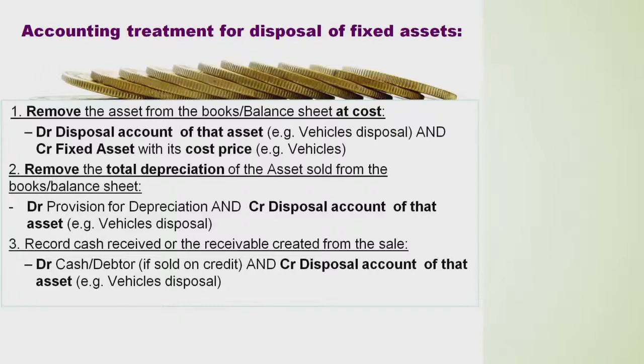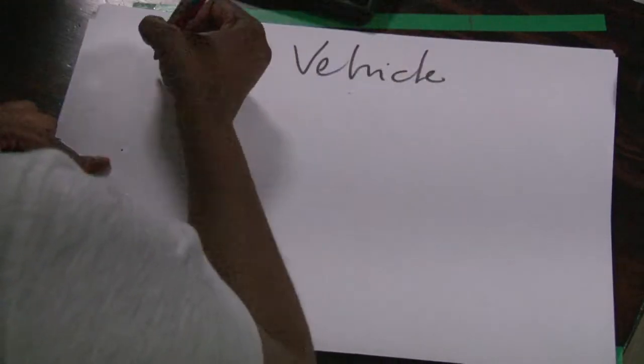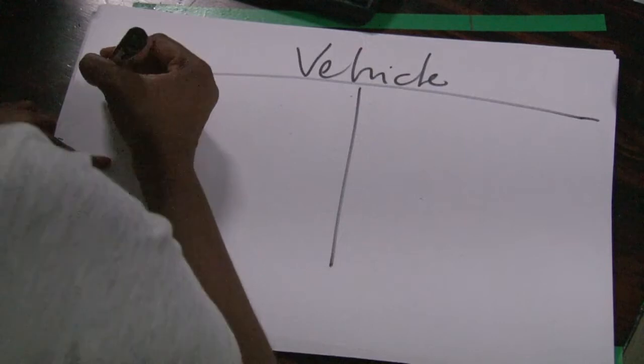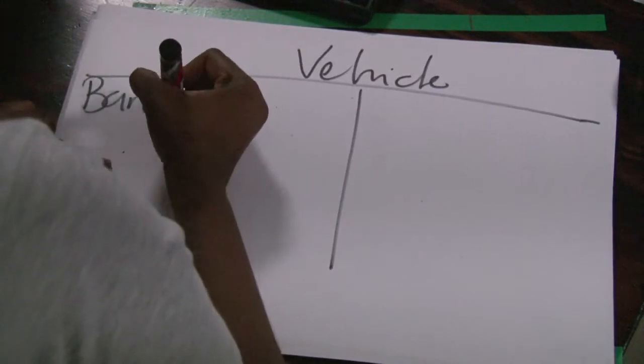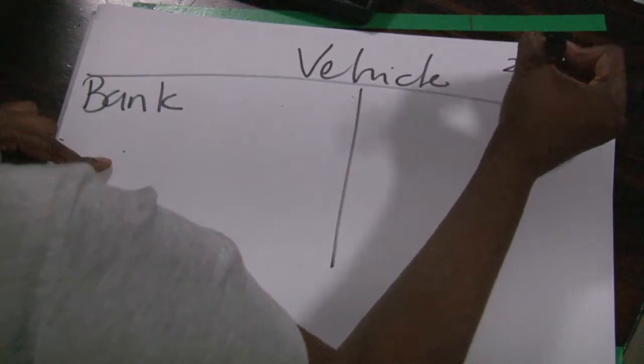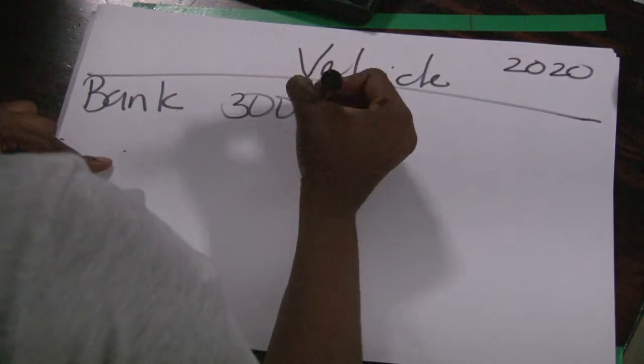How do we treat them? Accounting treatment for disposal of fixed asset: remove the asset from the books. Open a disposal account for that asset. Example: debit vehicle disposal, and credit fixed asset. You know, fixed assets are always decreasing on the credit side. When this asset was bought, vehicle in 2020, we recorded bank, and this was 2020, and this is 300,000.